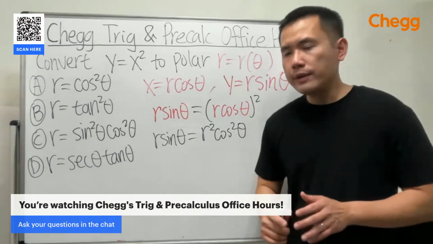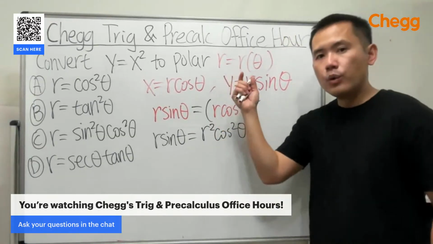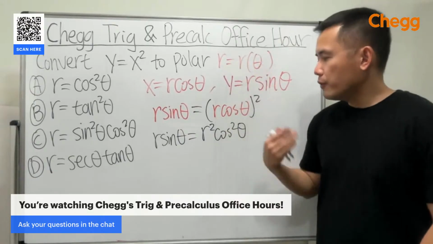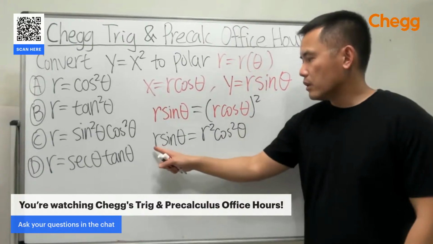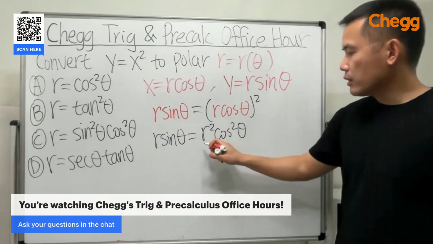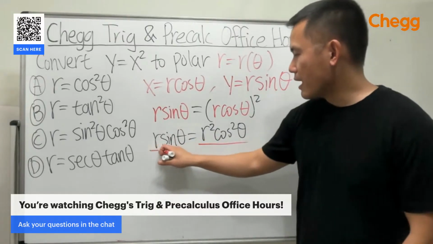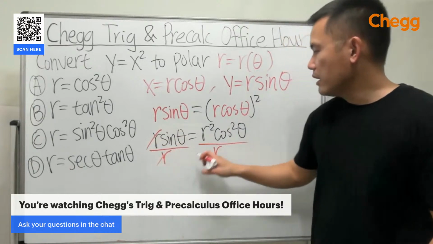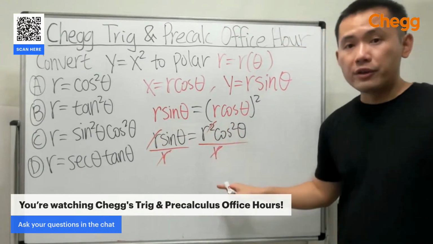Now, our goal is to get r by itself. We want to write r as a function of theta. We have r to the first power here, and this is r to the second power here. So let's go ahead and divide both sides by r. That way we can get rid of this r, and then we will have one r right here.